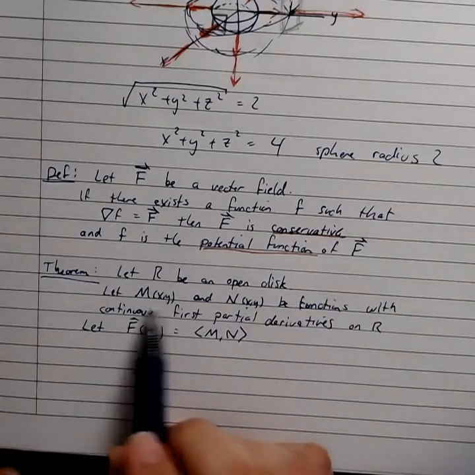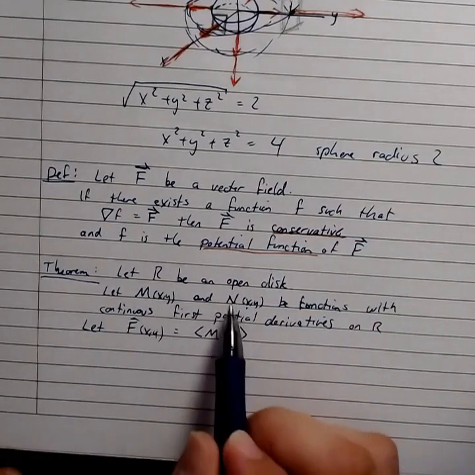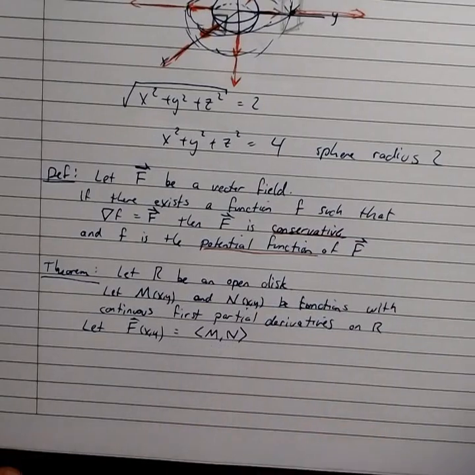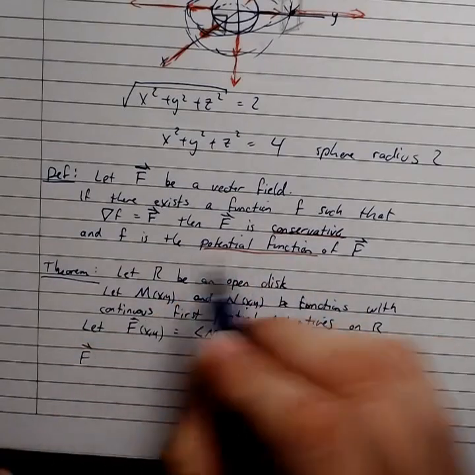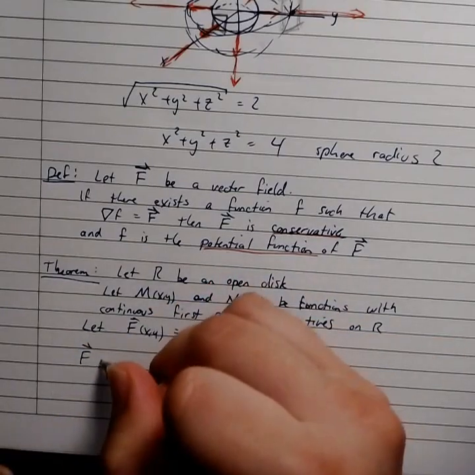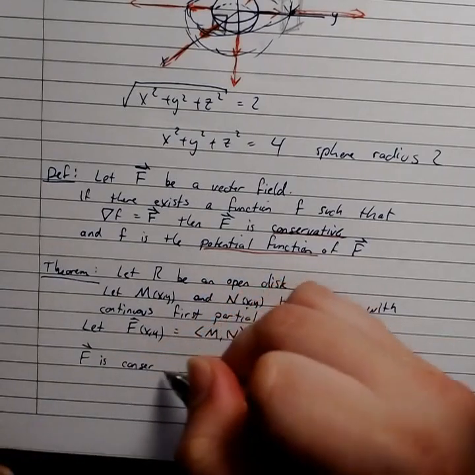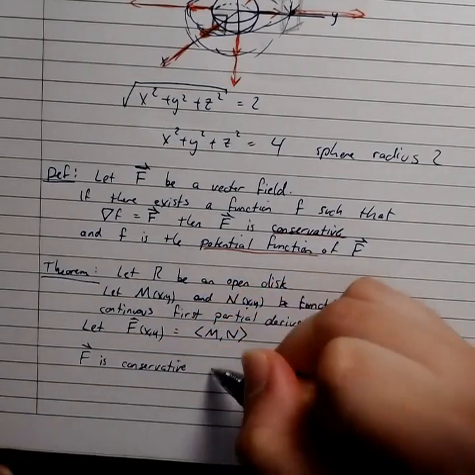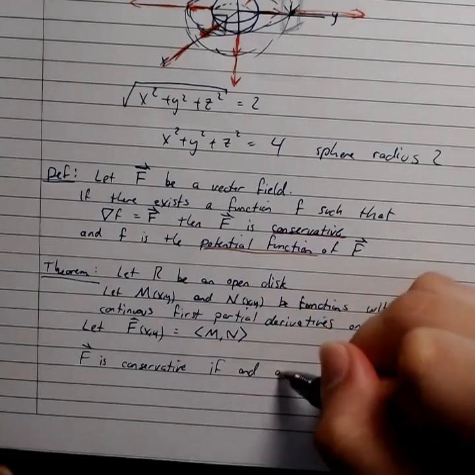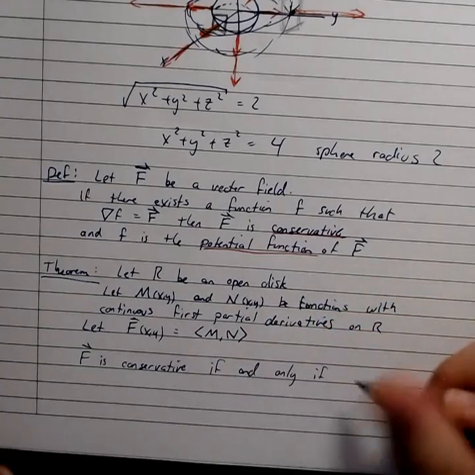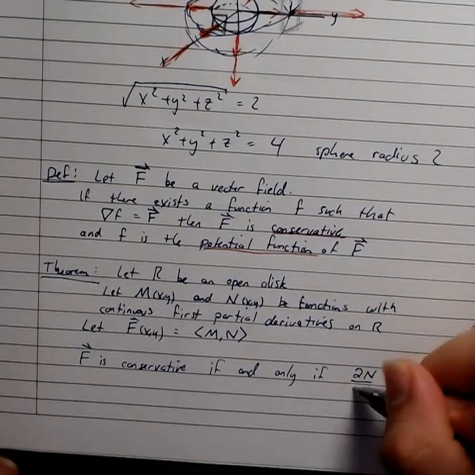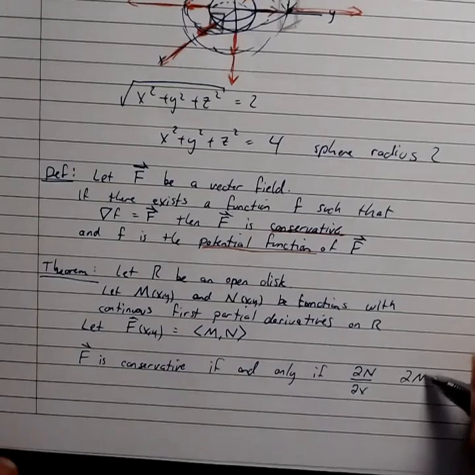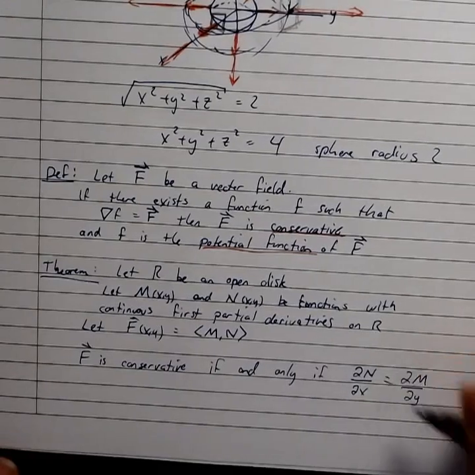So here this function tells you what the first component of your vector is. The second function tells you what the second component of your vector is. Then the theorem states that assuming all this stuff is true, F is conservative if and only if the mixed partials, del N del x and del M del y, are equal to each other.